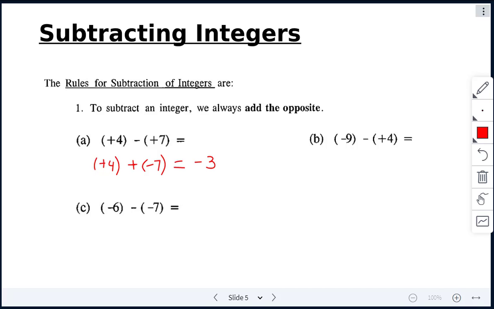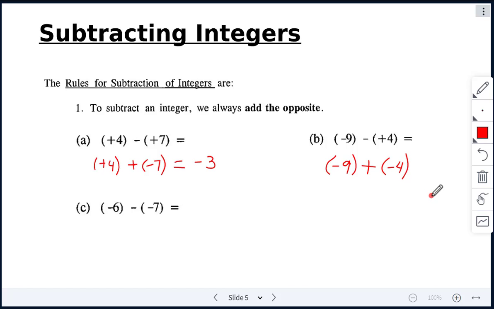Let's take a look at question B. It's a negative 9 minus positive 4. Our rule is whenever we're subtracting, we're going to add the opposite. So keep negative 9 the same, change the subtraction to addition, and then change positive 4 to its opposite, which is negative 4.